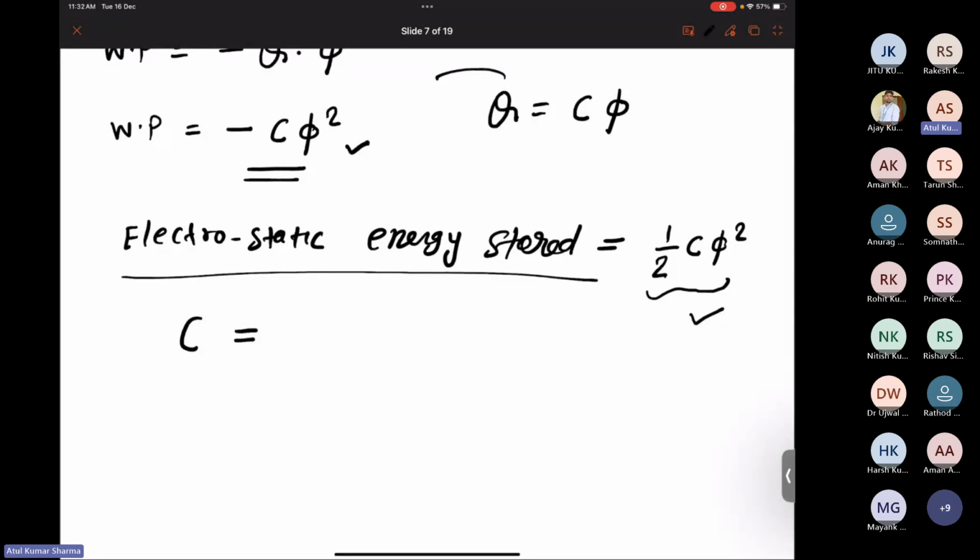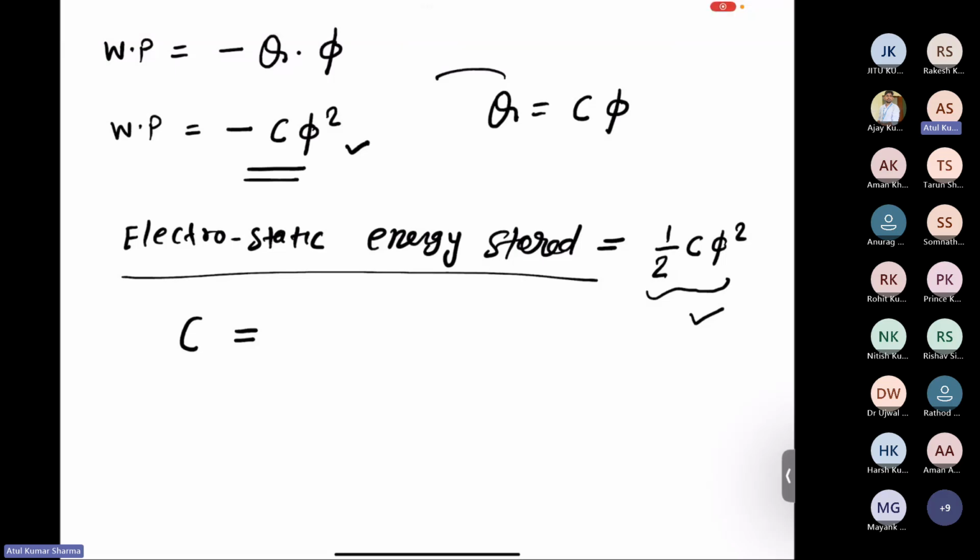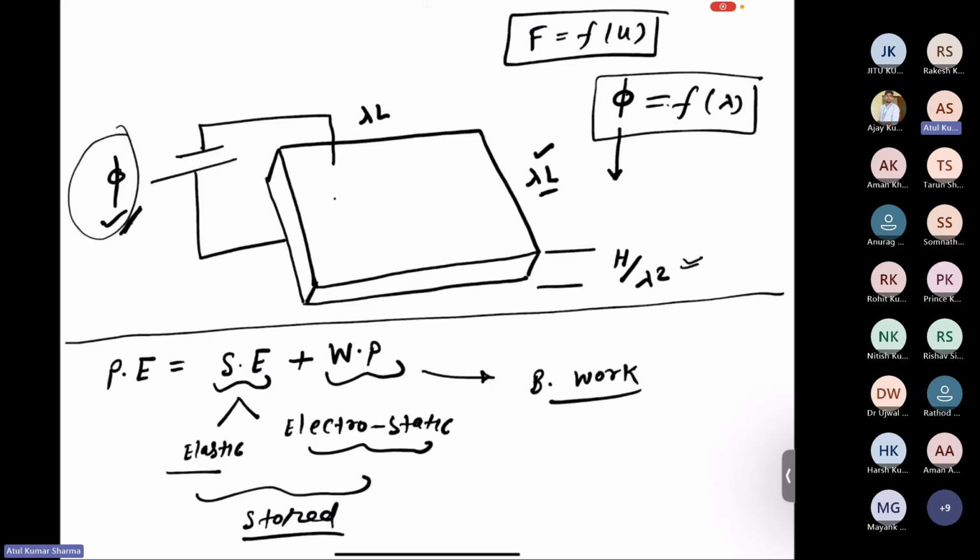For a parallel plate capacitor, C is nothing but epsilon A upon H. What is epsilon? It is the material parameter, the dielectric permittivity. A is the surface area, and H is the gap between the two electrodes, or you can say the thickness of the dielectric material.